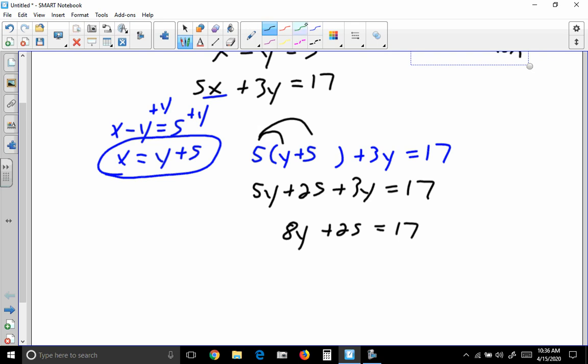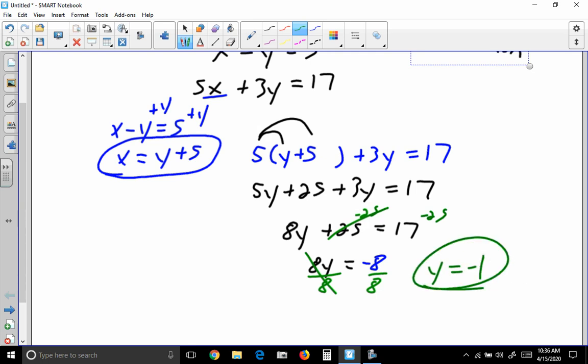If we subtract 25 from both sides, then our y term will be by itself. So 8y will equal negative 8. If we get y by itself, of course, divide both sides by 8, and we get that y is negative 1. Now, are we done yet?